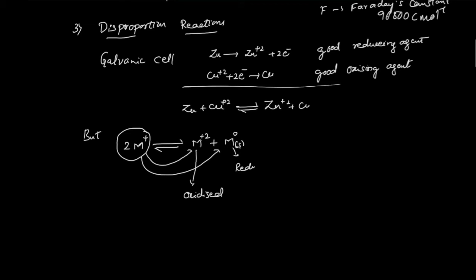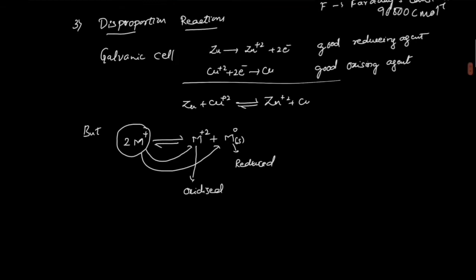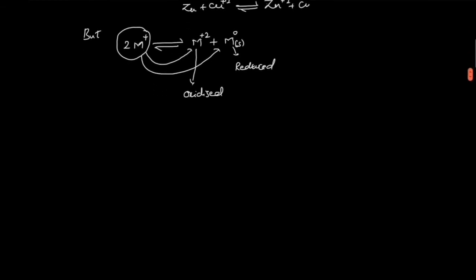Here the metal ion is reduced to the solid state. Such reactions, where a single species undergoes both oxidation and reduction, are called disproportionation reactions, studied using the Latimer diagram.